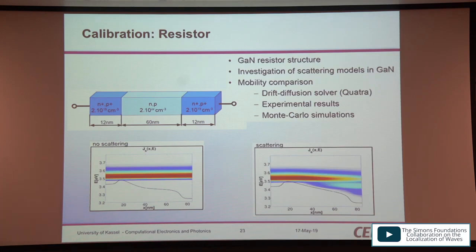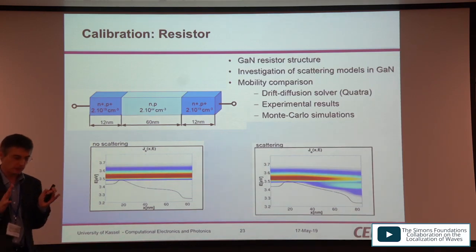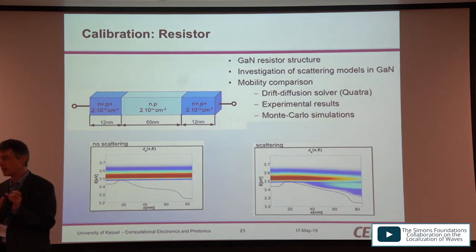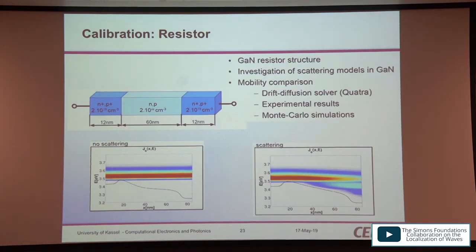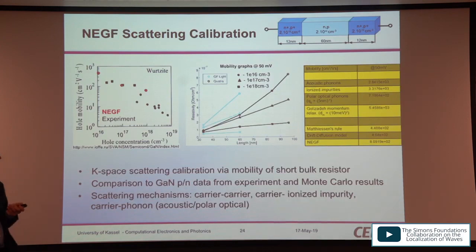Now what we did is we used the scattering mechanisms that we have at hand and tried to calibrate them by comparing with experimental data and with Monte Carlo data. Here you see hole mobility versus concentration from experiment for gallium nitride.